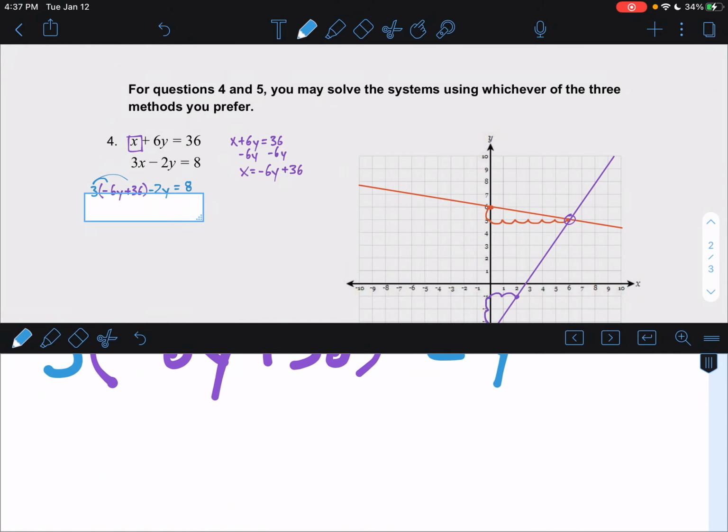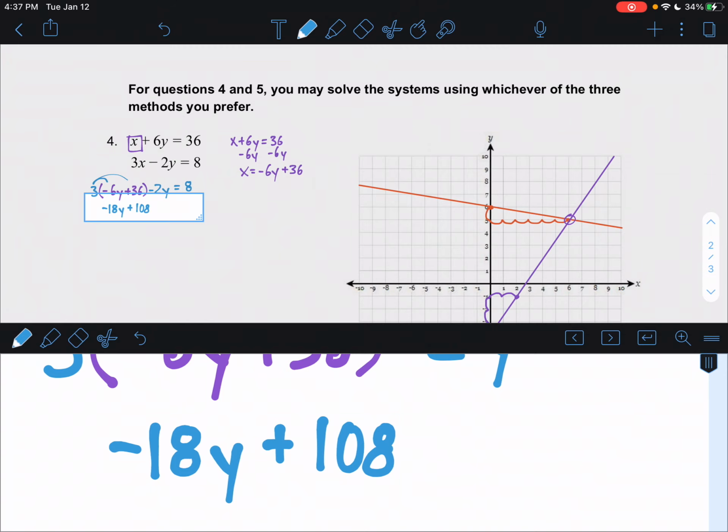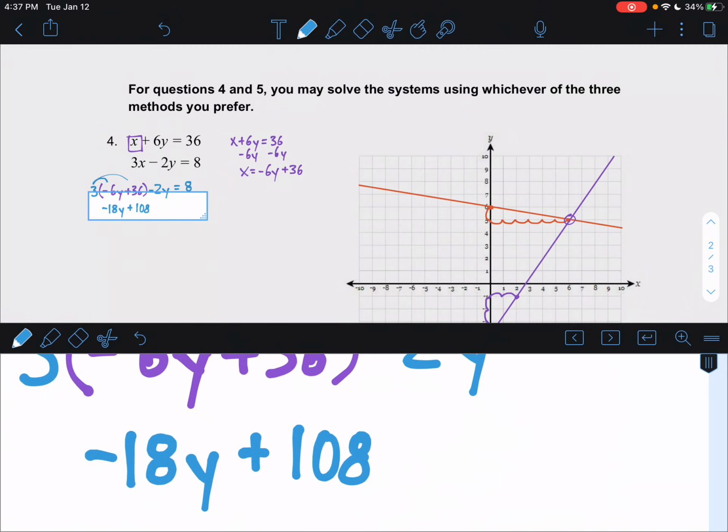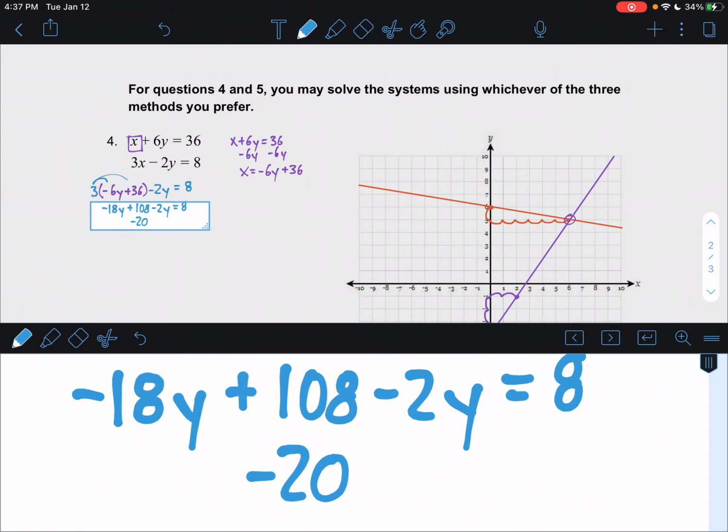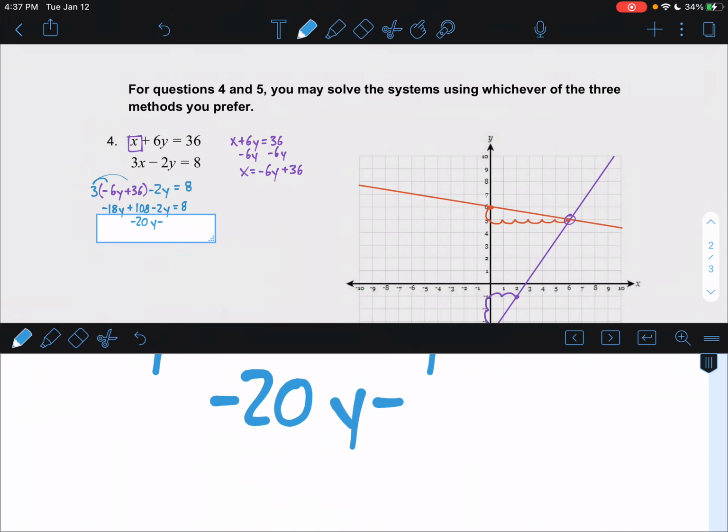So 3 times negative 6 is negative 18y. 3 times 36 is 108. And then I have minus 2y equals 8. I'll combine like terms on the left side. So I'm going to have negative 20y plus 108 equals 8. Subtract 108 from both sides.